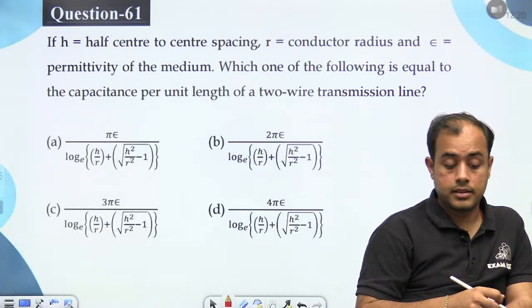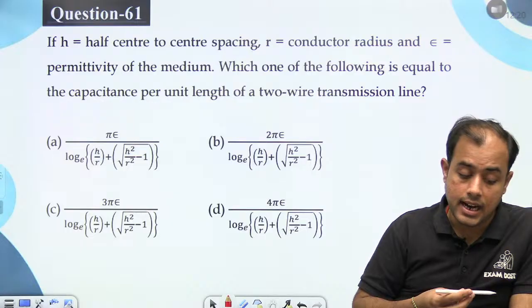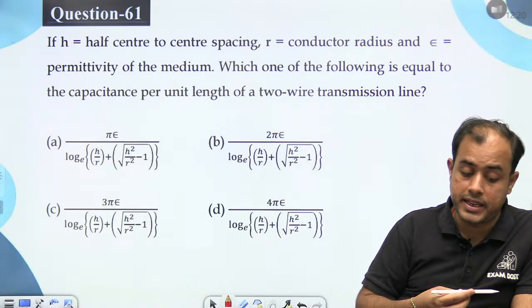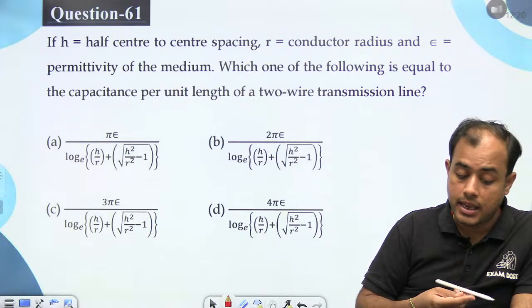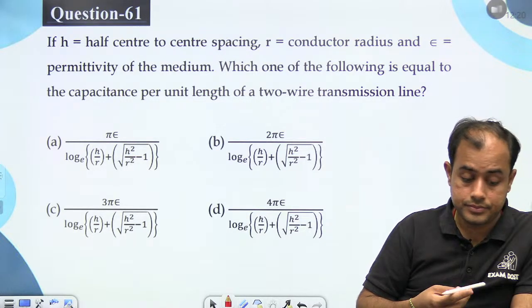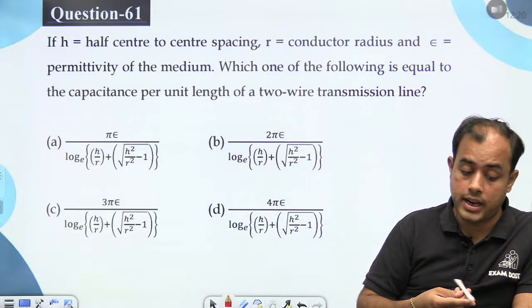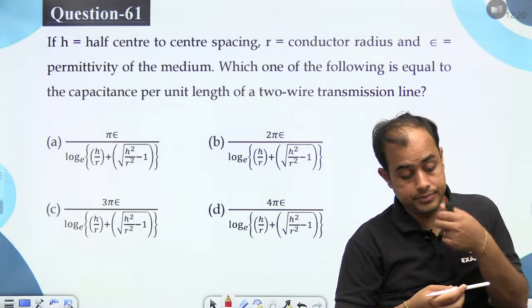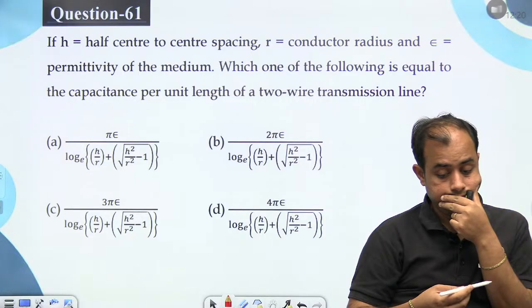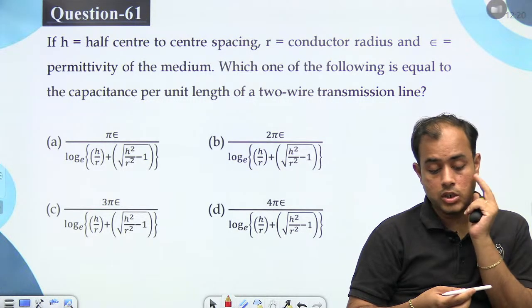Okay. If H is the half center to center spacing and R is the conductor radius, epsilon is the permittivity, capacitance of a two-wire transmission line. ESE 2007.